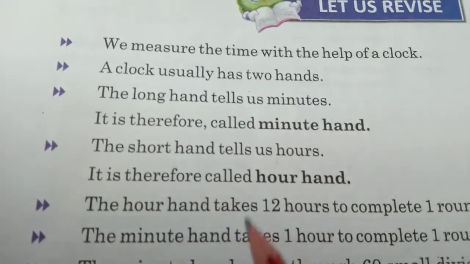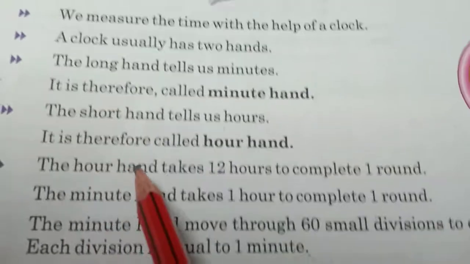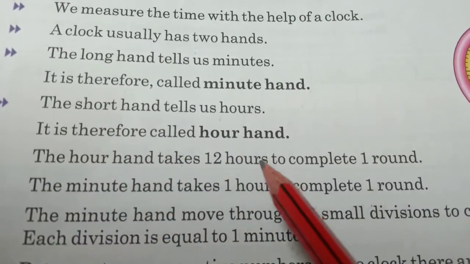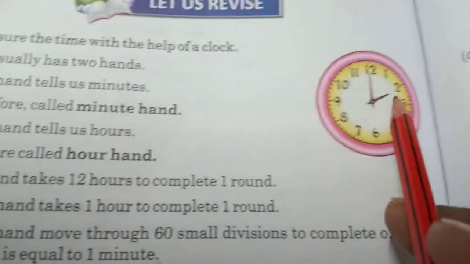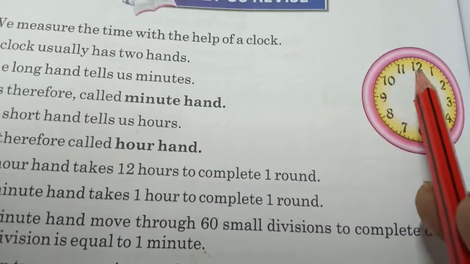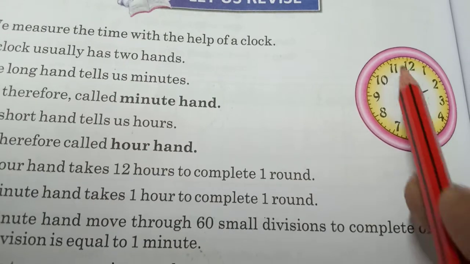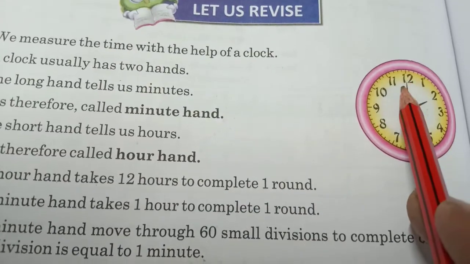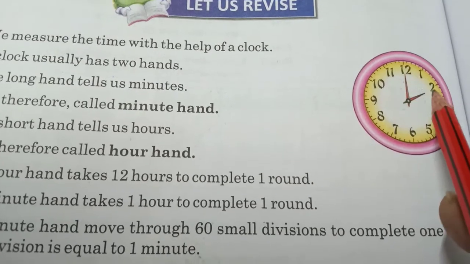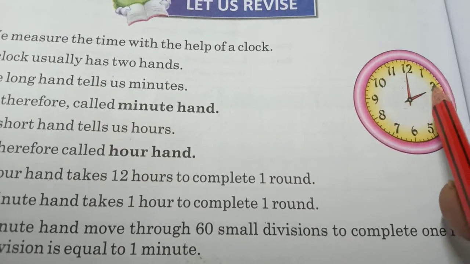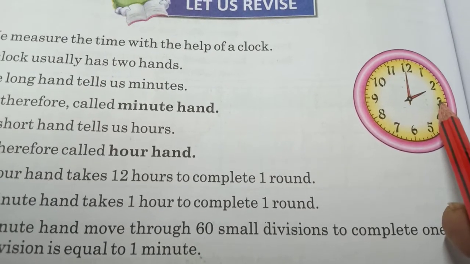Now the hour hand takes 12 hours to complete one round. Means what? This is the minute hand and this is the hour hand. If this moves one round, then this small one will move from 2 to 3. Clear?